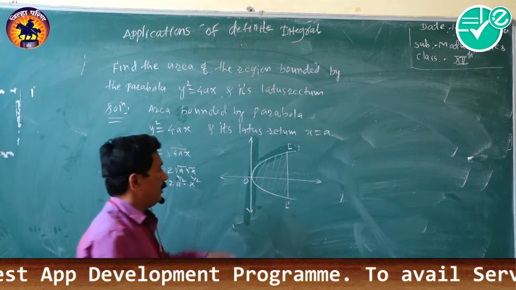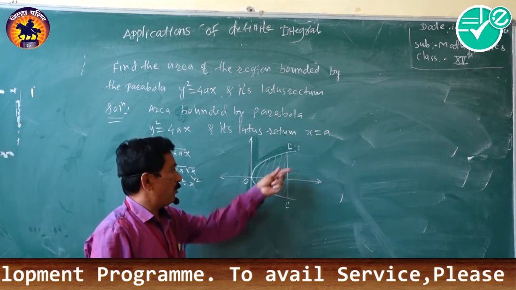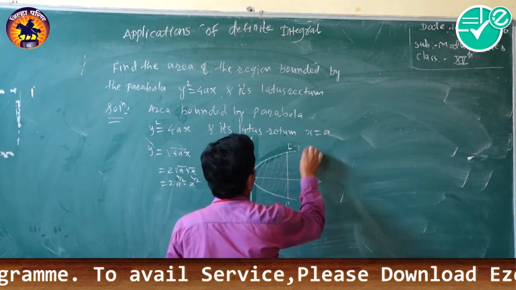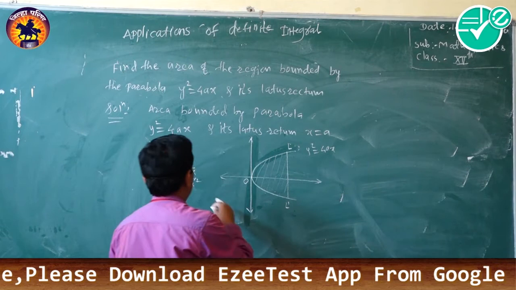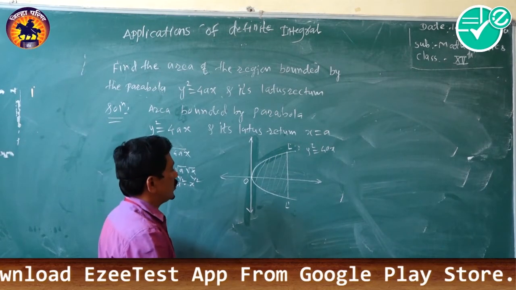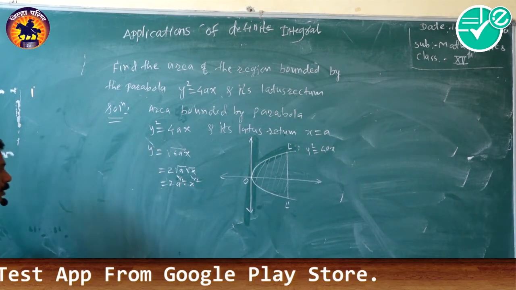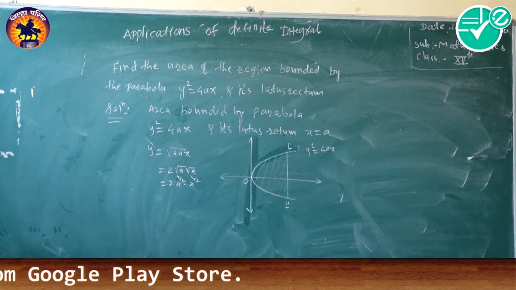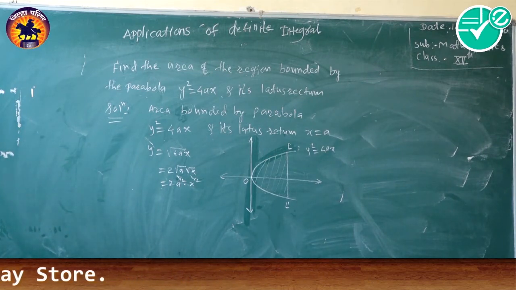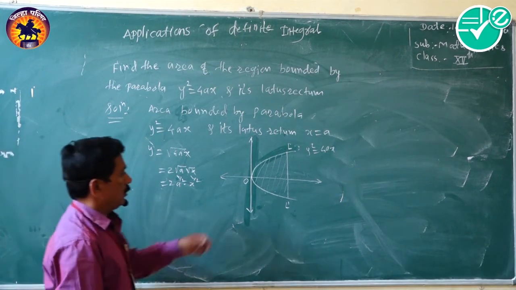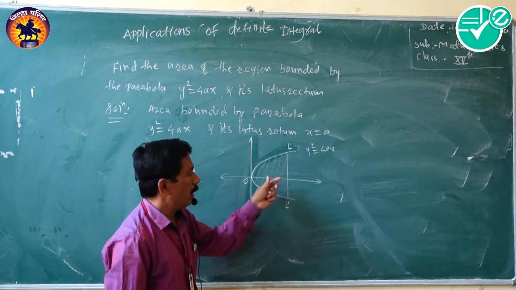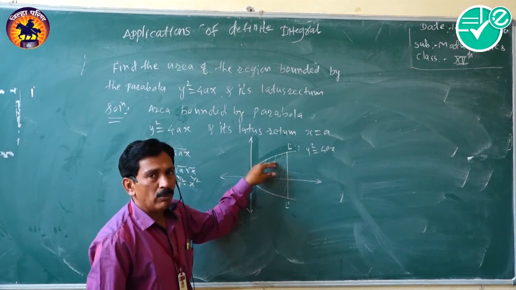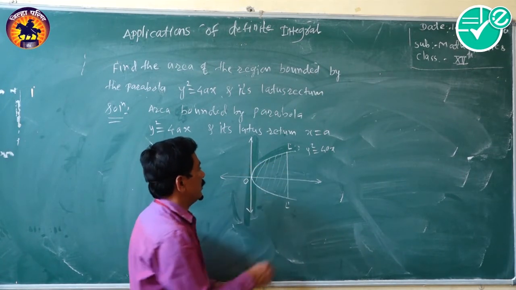Now we have to find the area of this region, which is bounded by this parabola y square is equal to 4ax and this latus rectum x is equal to a. Now we can take the limits for x as x is equal to 0 to x is equal to a, and the given parabola is symmetric about the x axis.